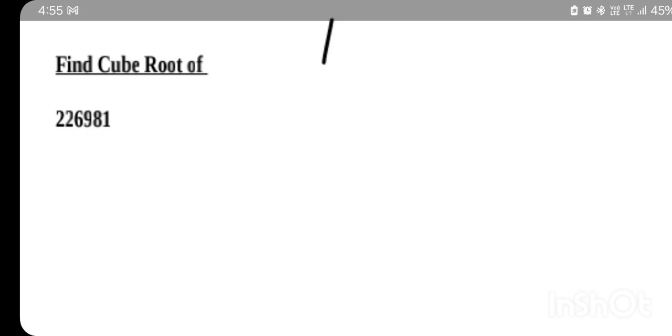Okay, let's find the cube root of the number. Before finding cube root, we have to learn the chart. That is, if the last digit is 1, then the cube root will be 1, and for cube also.